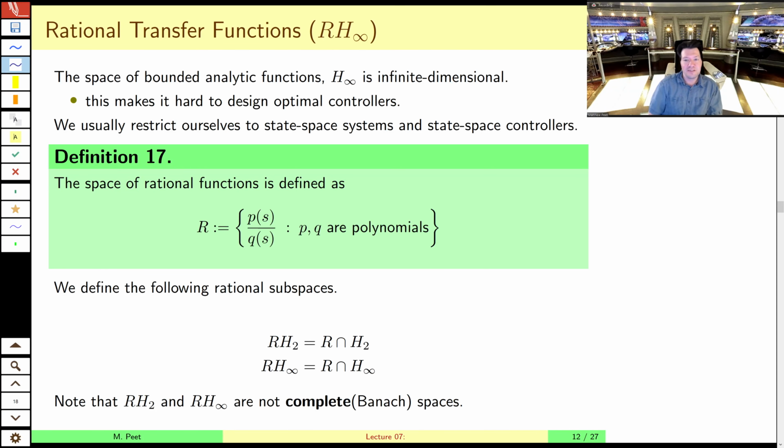All right, so welcome back to the third part of this lecture. In the first two parts, we talked about how we can think of functions or signals as vectors, and we can think of systems as matrices.